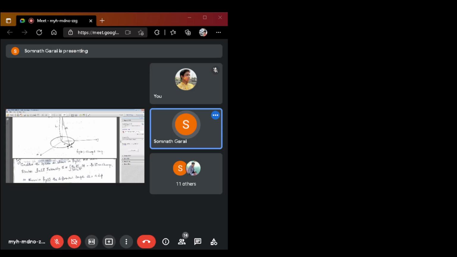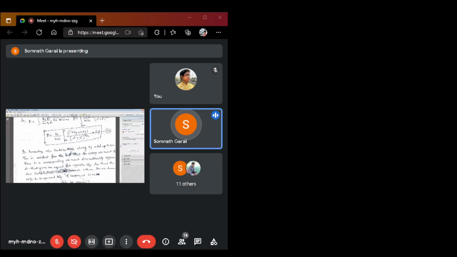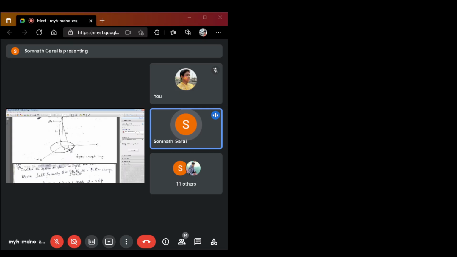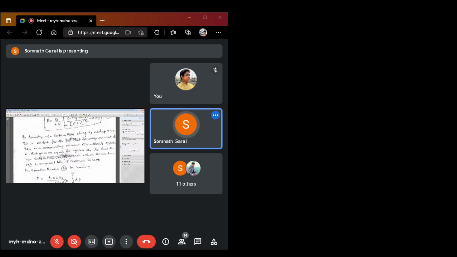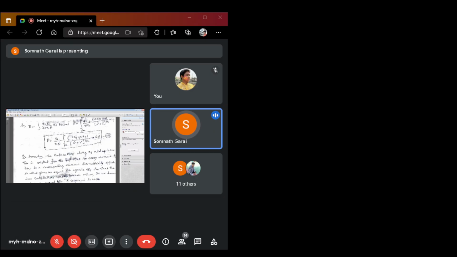By the symmetry, the contribution along a rho adds up to 0, because the rho component of the field from one differential length is equal and opposite to the field created by the differential length situated exactly opposite to it.